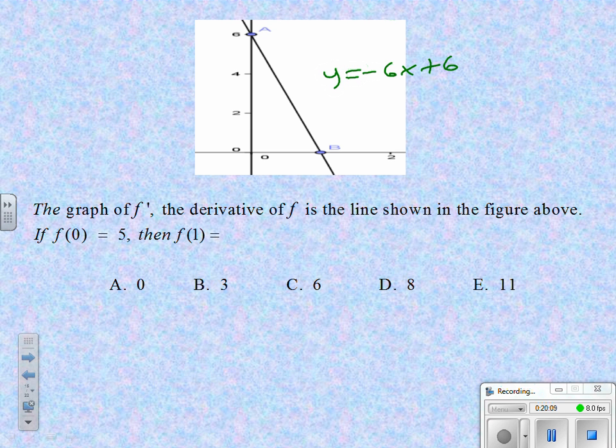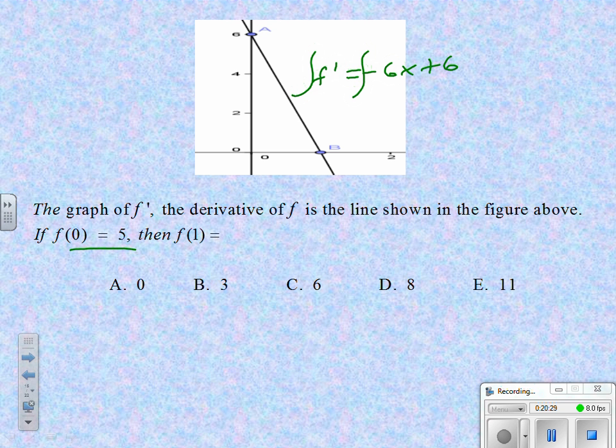This turns out to be one of yesterday's homework problems. I've got an initial value. So if I did the antiderivative, and by the way, this is f prime.